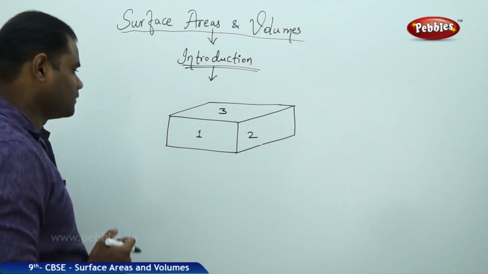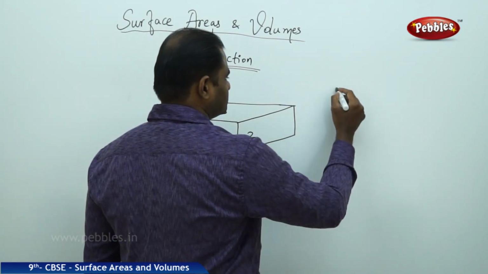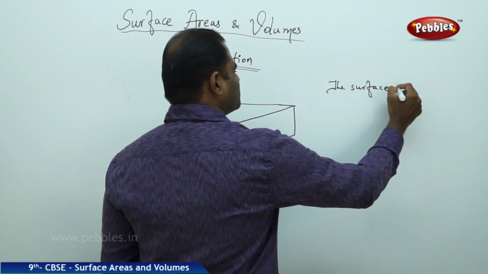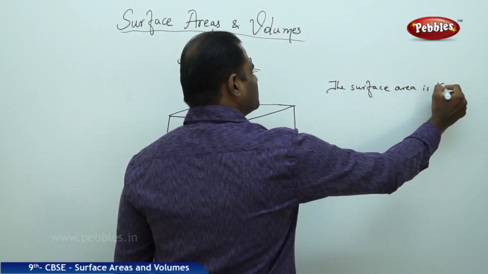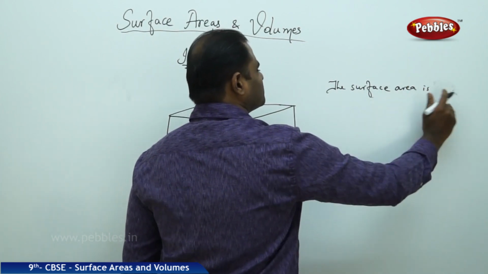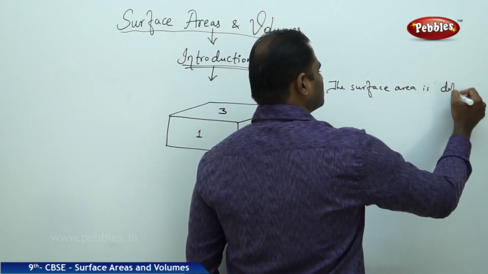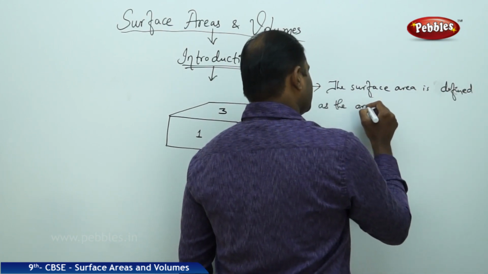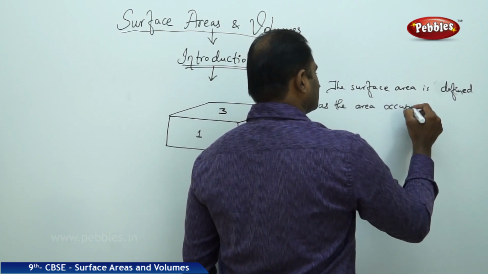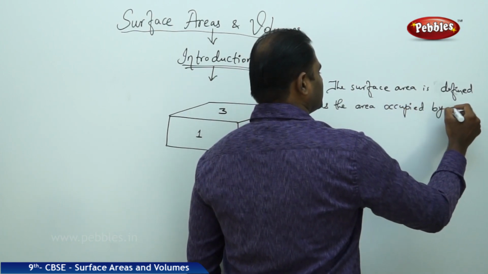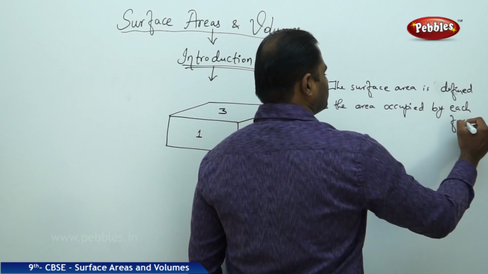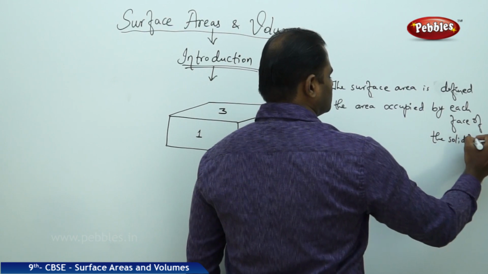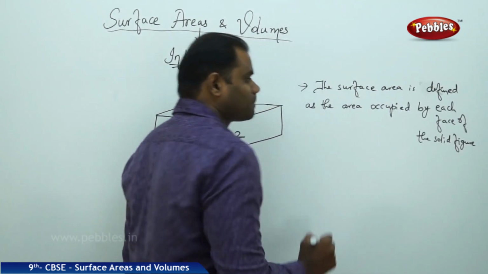So we understand the surface area is defined as the area occupied by each face of the solid figure.